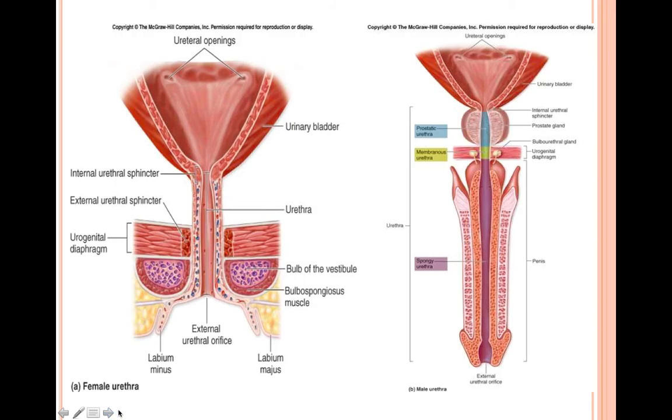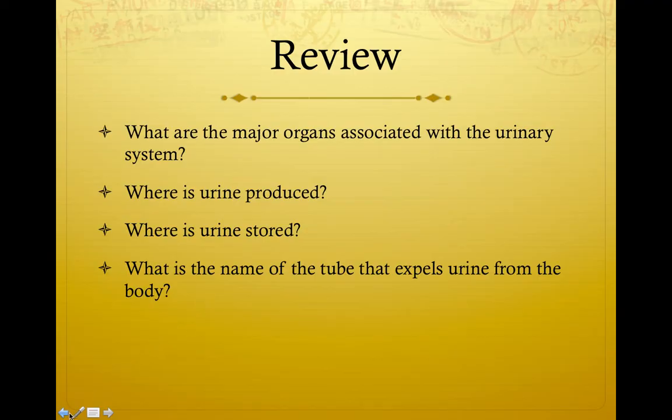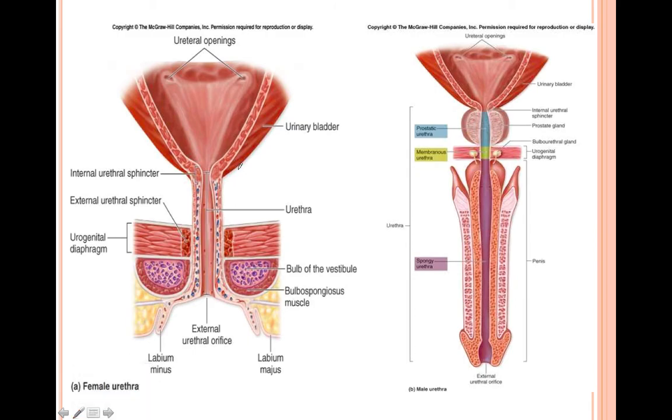But here's, again, one last look at your system, male and female. You'll notice in females, you have an internal sphincter, which is right up against that bladder, and an external one, which is located a little ways down. But this tract here is a much shorter route than this one over here.